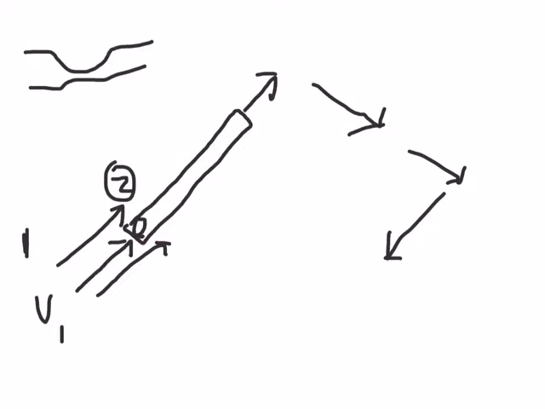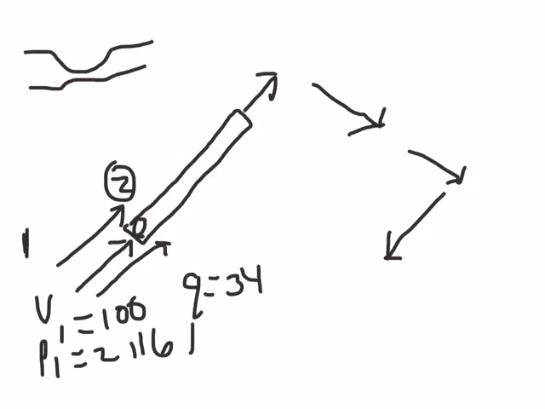V1 is equal to 100 knots. I'm just taking this right from the book, guys. P1 is 2116. Dynamic pressure is 34. And total pressure is 2,150.